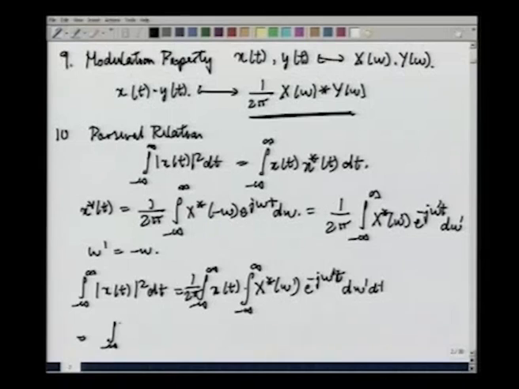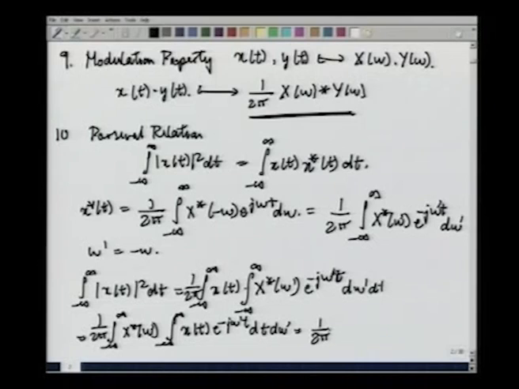Integral minus infinity to infinity 1 by 2 pi, of course outside, x star of omega times integral minus infinity to infinity x t e to the minus j omega dash t, there is omega dash here also, d t d omega dash, which yields 1 by 2 pi integral.